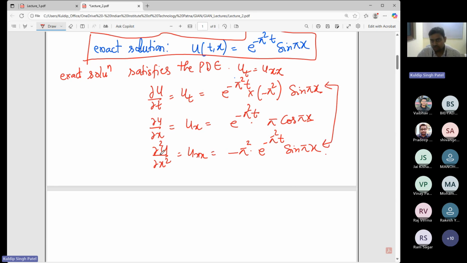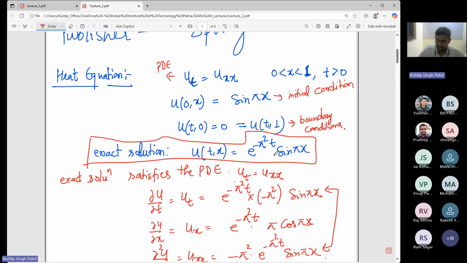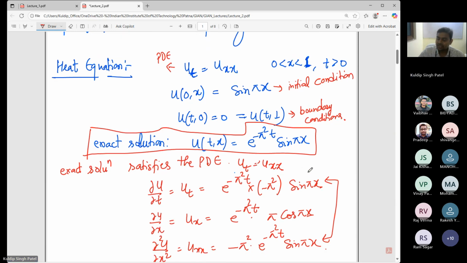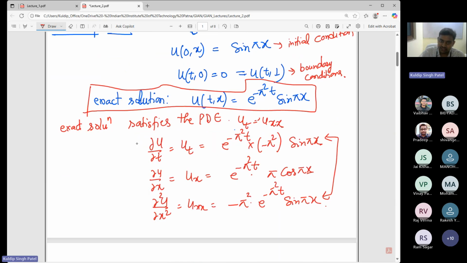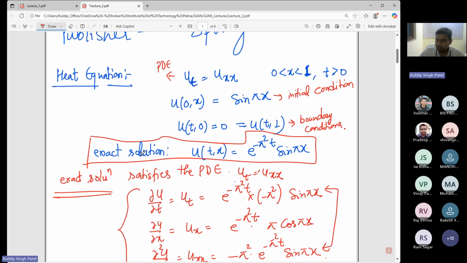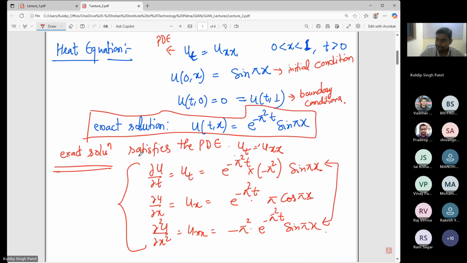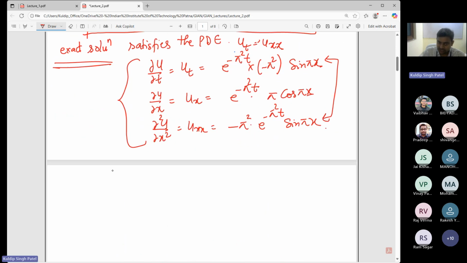So the solution means you have to find a function which satisfies the PDE. But my next question is, does it satisfy the initial condition also? From here we can see that the exact solution satisfies the PDE. Now, does it satisfy the initial condition also? What is our initial condition?